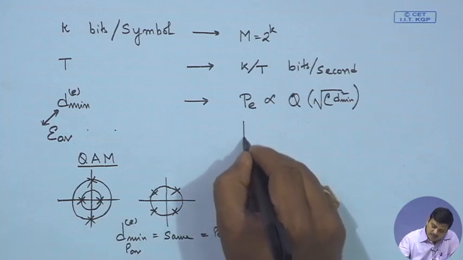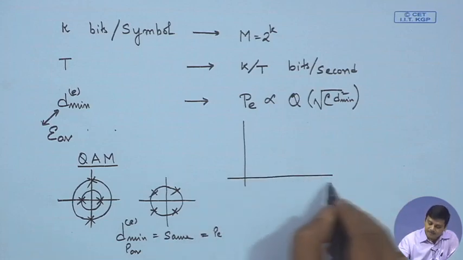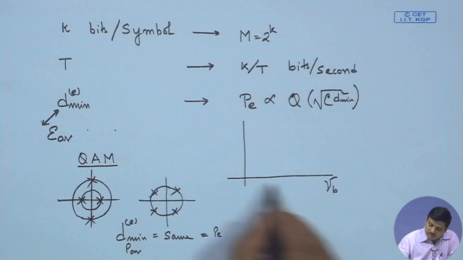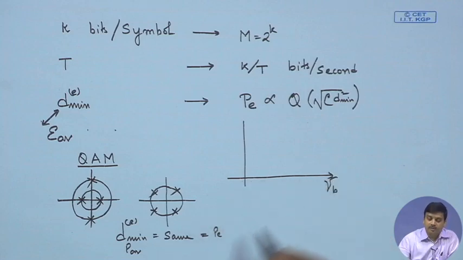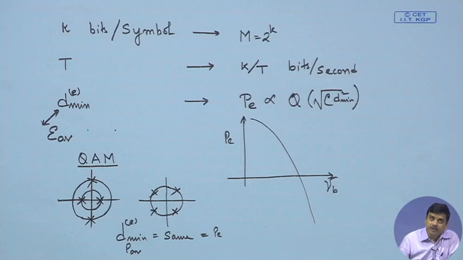And we had seen in general for constellations like PAM and QAM, with Eb by N naught on the x axis and the probability of error on the y axis, and let this be one of the probability of error curves.